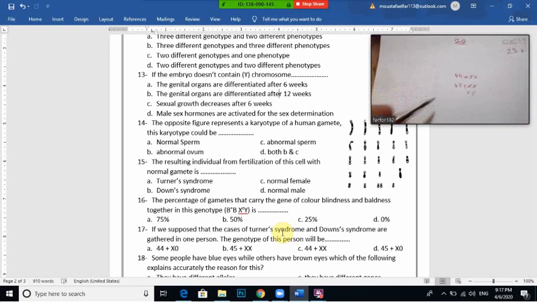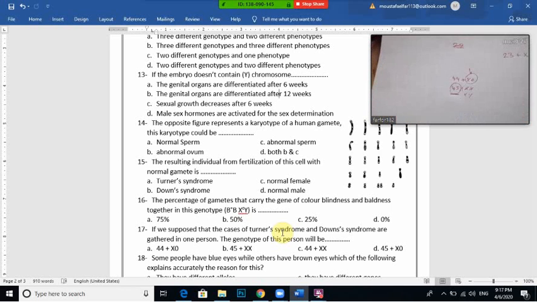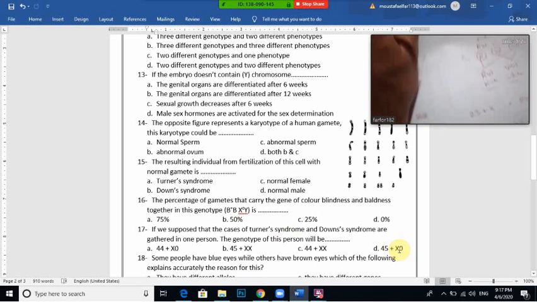If these two cases gathered in one individual, it will be 45 and X0. 45 because the abnormality of Down syndrome is in autosomes, and X0 because the abnormality in Turner syndrome is in sex chromosomes. So the answer will be D, 45 and X0.